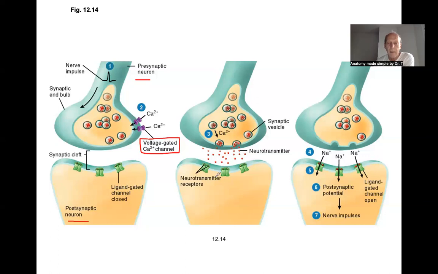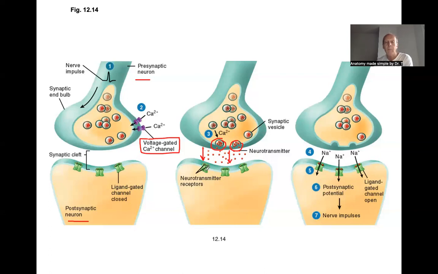It's again plain diffusion gradient. You see how many of the neurotransmitter molecules are here and how few of them are next to the postsynaptic cell. So diffusion gradient allows movement of neurotransmitter from pre to postsynaptic cell.